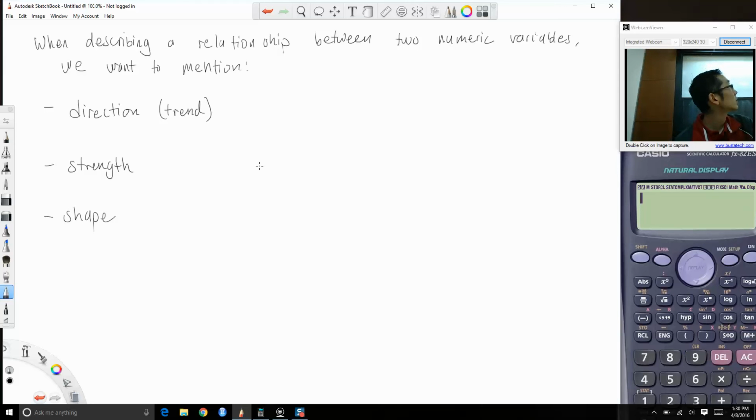Okay. So the direction can either be positive or negative, or maybe neither positive nor negative. As far as strength goes, we can have strong or weak, and really anything in between too.